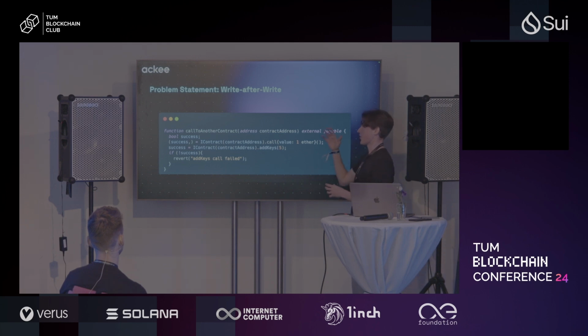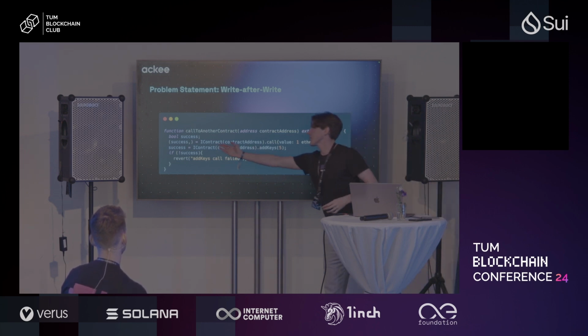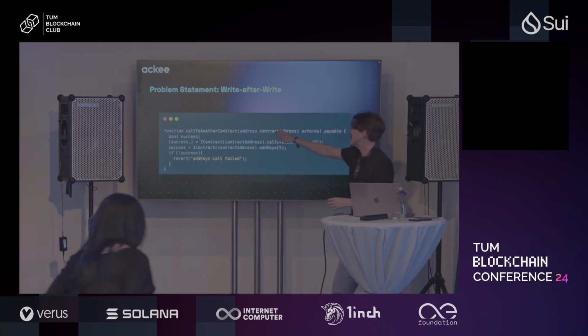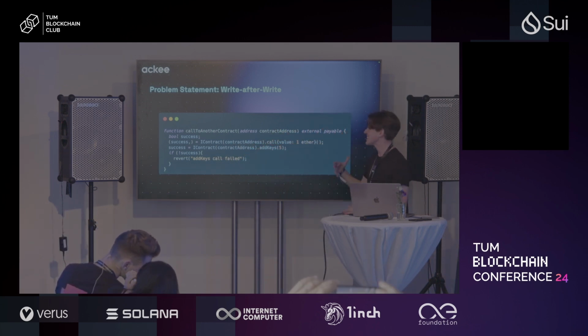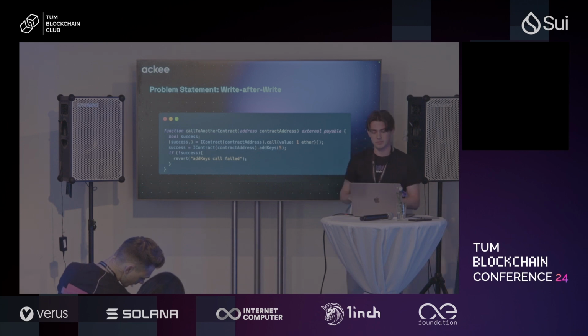And here, in this function, there can be a critical vulnerability. Why? Because the return value to the external code is not checked, and it really can be an issue. So we decided to create a detector.